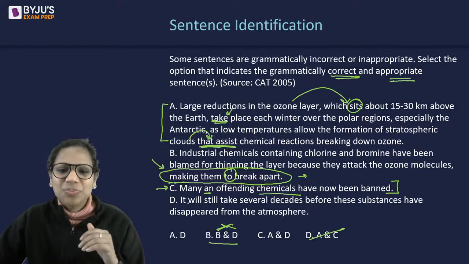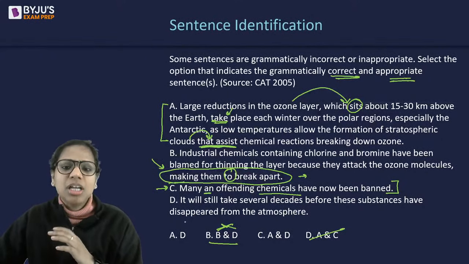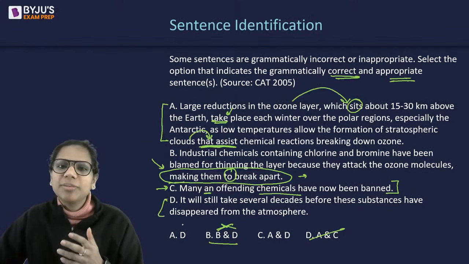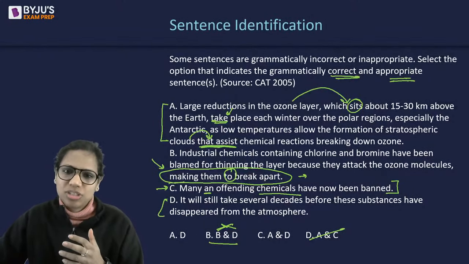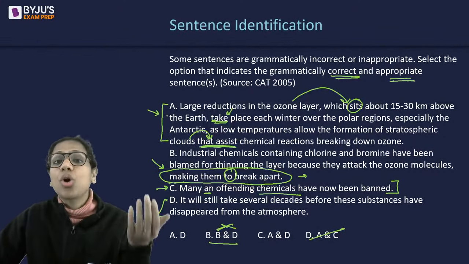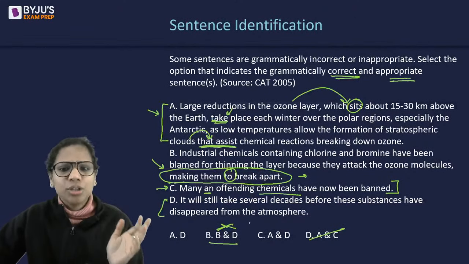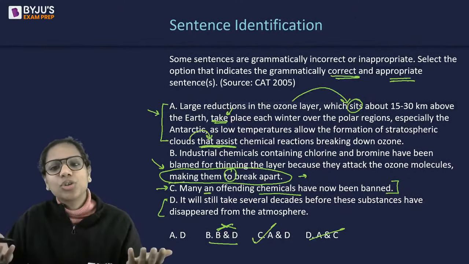Let's see D. It will take several decades before these substances have disappeared from the atmosphere. Now the thing is, I don't really need to worry about D because it's present in both the options. I just need to be sure whether A is correct or not. And since I did not find any error in A, okay, let's say you read it once, now you read it again, you don't find any error in it, you found your answer.